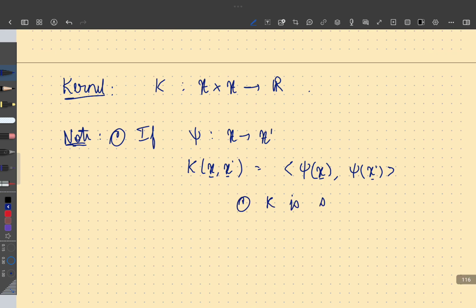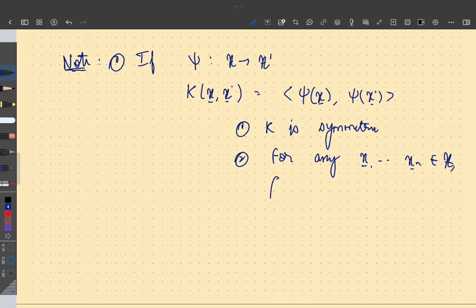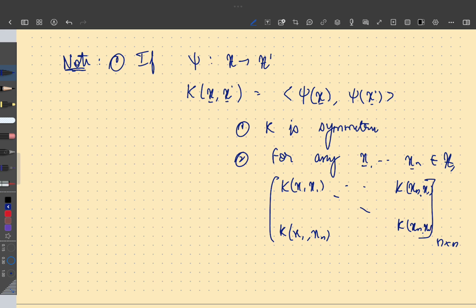So K is symmetric. And the second property is that if you take any set of n points, where n is arbitrary, and I construct this n by n matrix with entries K of x1 comma x1, K of x1 comma xn, K of xn comma x1, up to K of xn comma xn.